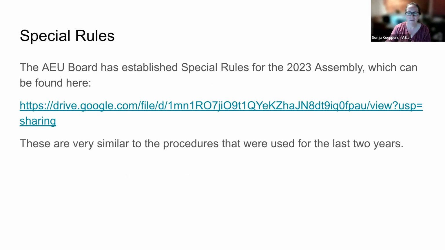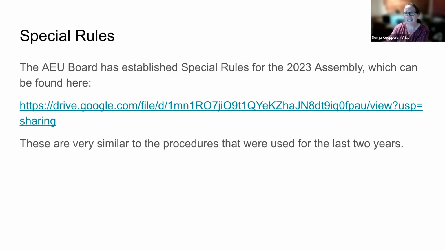However, because of the impracticality of the consensus rules for the virtual meetings, particularly due to different people having different amounts of votes and all this kind of stuff, the board passed some special rules for the 2023 assembly, which are very similar to the rules that were used in 2022 and 2021. There are some relatively minor differences, and these are linked on the delegate materials website, so you can read up on what they are. And I'll put the link to that in the chat as well.